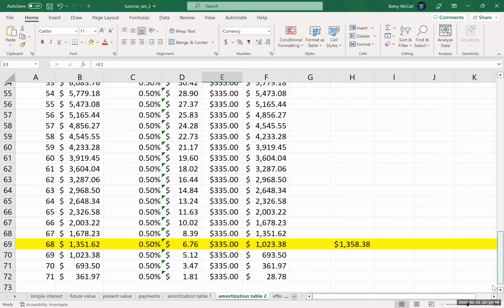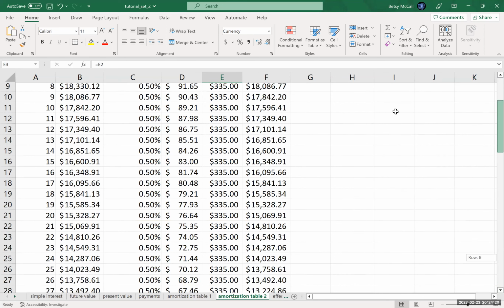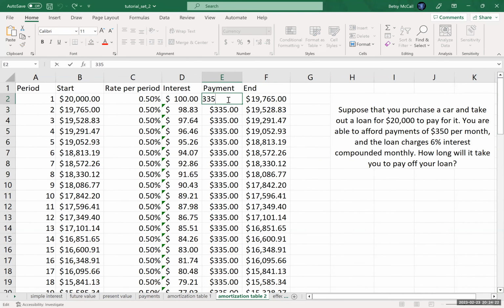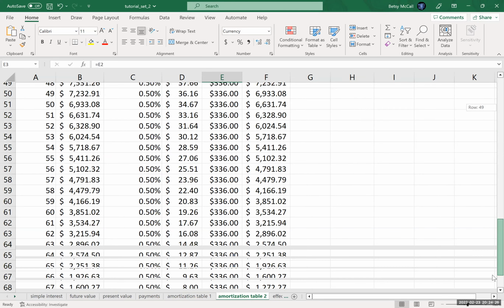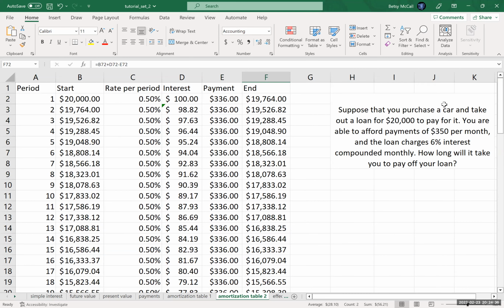It's just too wide for the column. That's pretty close. There we go. So at about 336, not quite. Actually, I guess 335 was good.